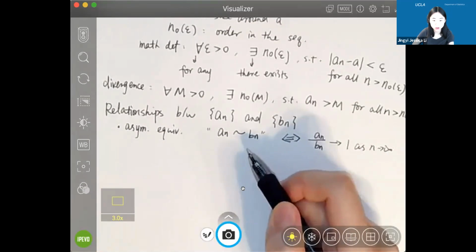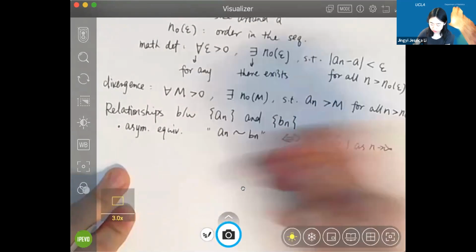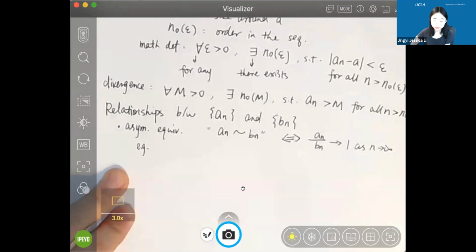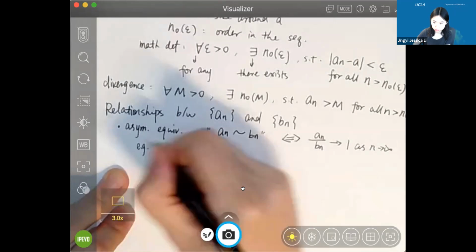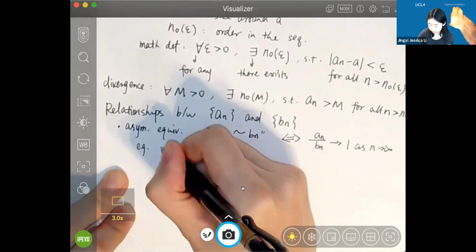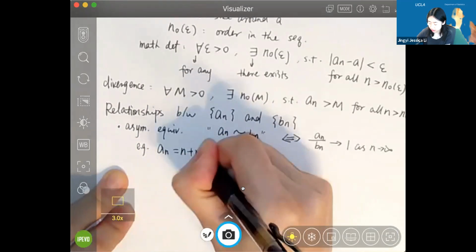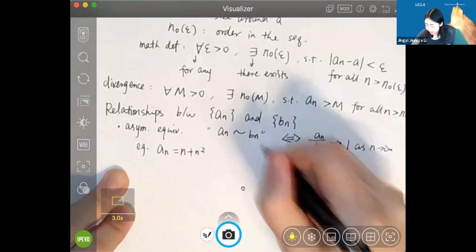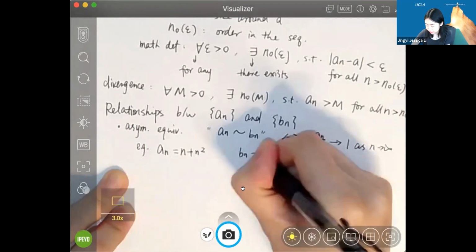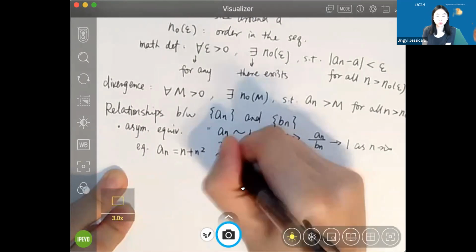And what is an example of this asymptotic equivalence? Let me give you some examples. Let me ask you a question. If I have a_n defined as n plus n squared, and I have b_n defined as n, are they asymptotically equivalent?